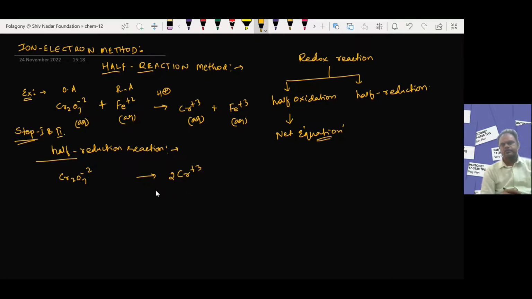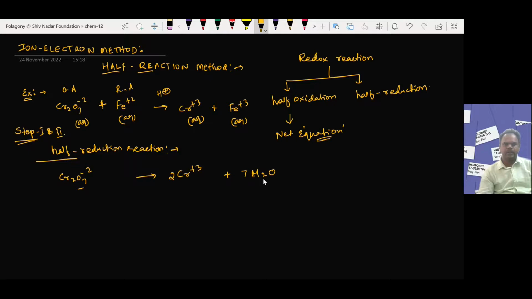After balancing the chromium atoms in this half reduction reaction, we look at the oxygen atoms. Here oxygen atoms are 7, and on this side there are none. To balance the oxygen atoms in acidic medium, we add water molecules on the right side.